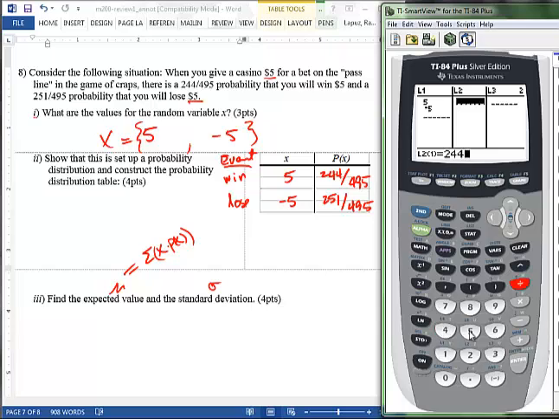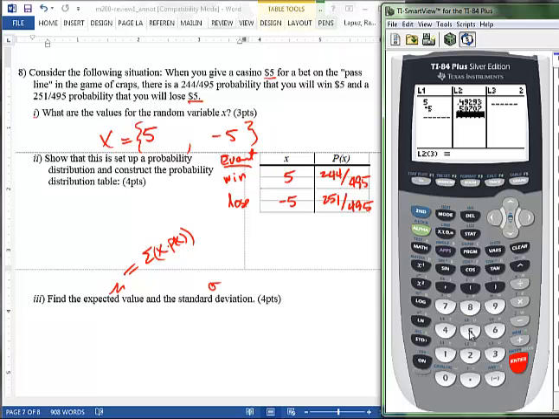If you want to calculate it right here, you just type in 244 divided by 495, and that will give you a more precise decimal. The next one is 251 divided by 495. So this is our probability distribution table in our calculators already.